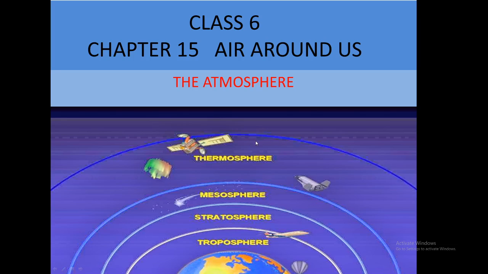Okay, this one understood. The ozone layer present in the stratosphere actually protects us from the ultraviolet rays of the sun. If these ultraviolet rays fall on the earth, what happens? Nowadays people are using many fridges and ACs.